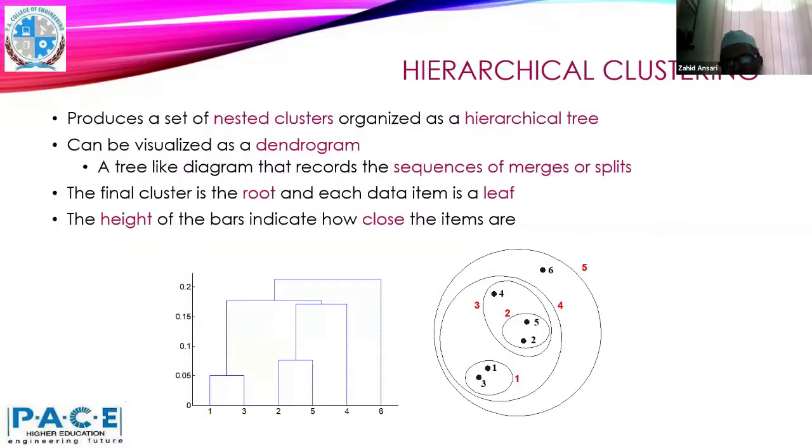The ones with the minimum dissimilarity are merged first. In this case, what is obvious is that 1 and 3 are the most close, so they are merged first into the first cluster we are forming over here.